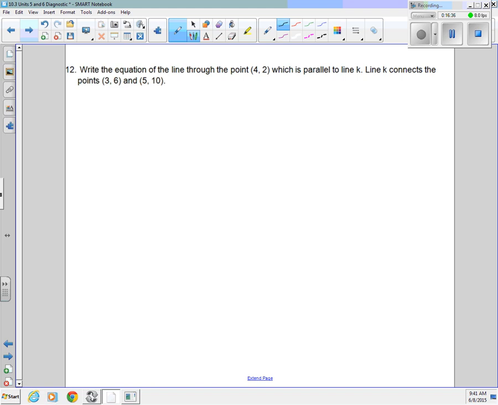Number 12, I want to write the equation of the line through the point (4, 2), which is parallel to K. Line K connects the points (3, 6) and (5, 10). So here's my equation of a line, y equals mx plus b. My goal is to find the slope and the y-intercept. So how can I find the slope?